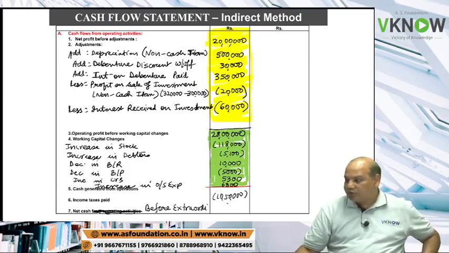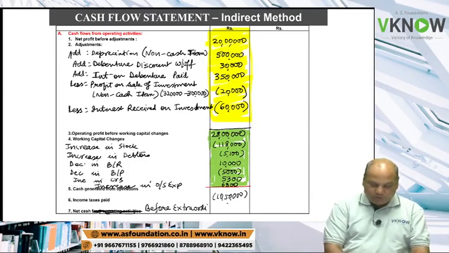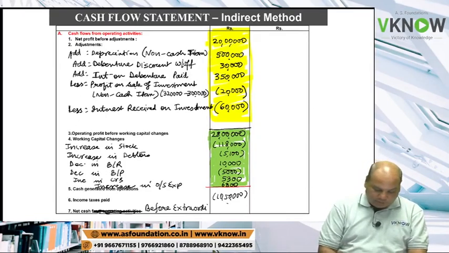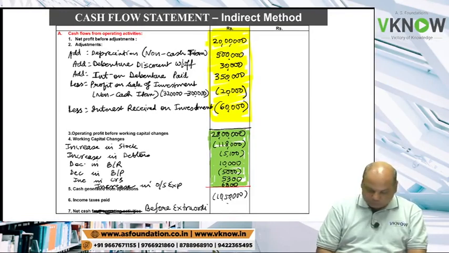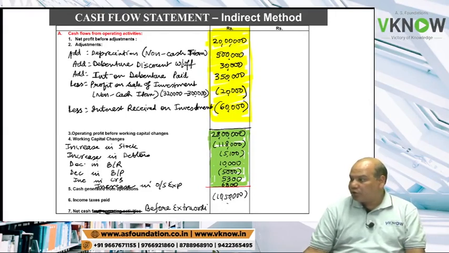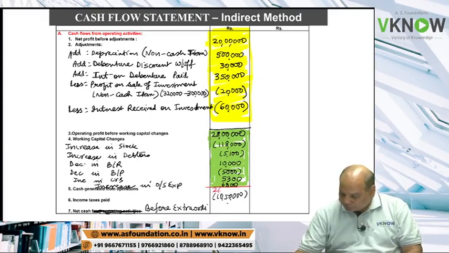Please reply fast. Anybody who wants to reply? Cash generated from operation 2694,000.